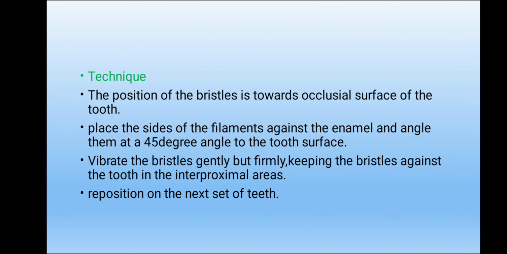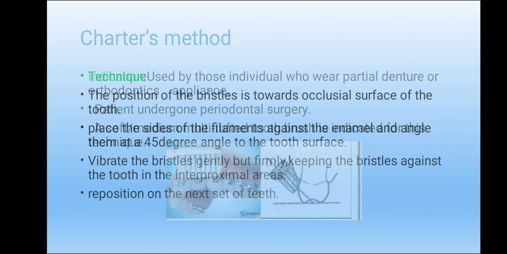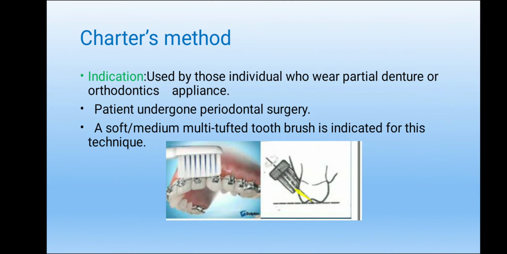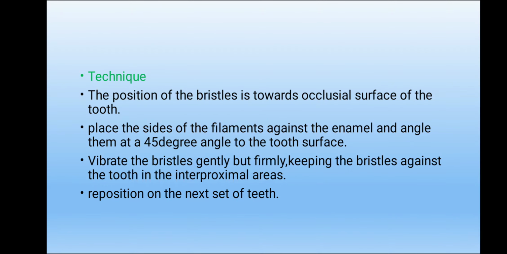Place the sides of the filaments against the enamel and angle them at a 45-degree angle to the tooth surface. As you see in this diagram, it should be angulated at 45 degrees. Vibrate the bristles gently but firmly, keeping the bristles against the tooth in the interproximal areas.